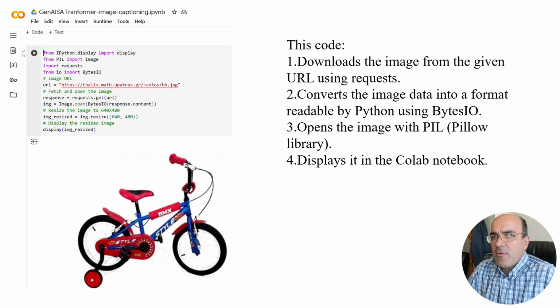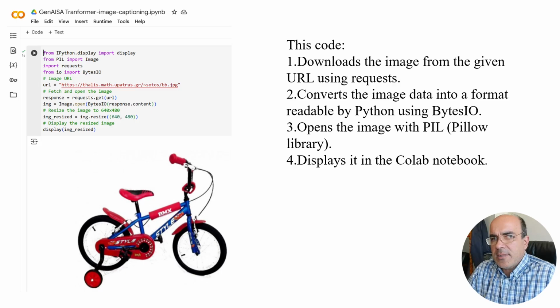The given Python code fetches and displays an image from a specific URL in a Google Colab notebook, while resizing it to 640 by 480 pixels. It first imports necessary libraries: display for showing the image, PIL for image processing, requests for downloading the image, and BytesIO for handling image data in memory.